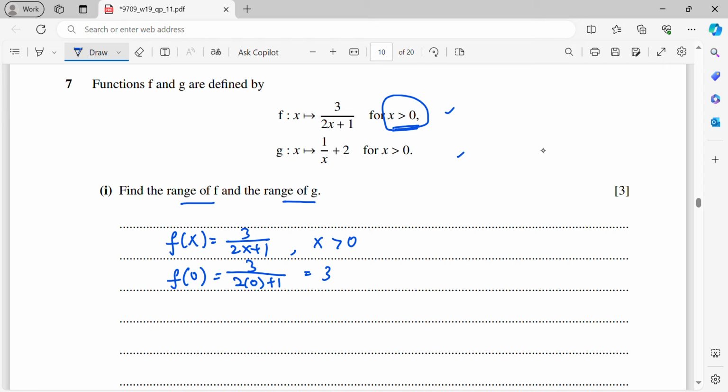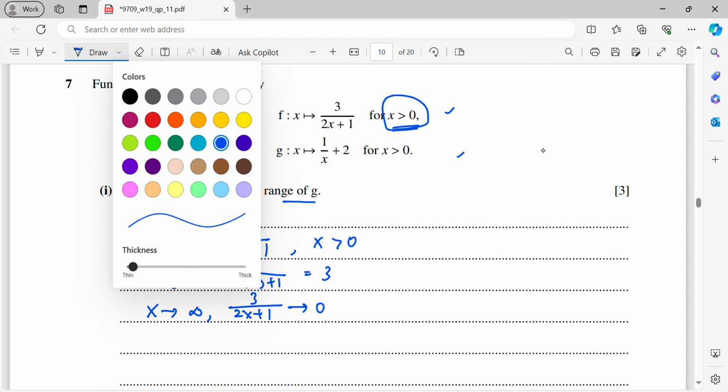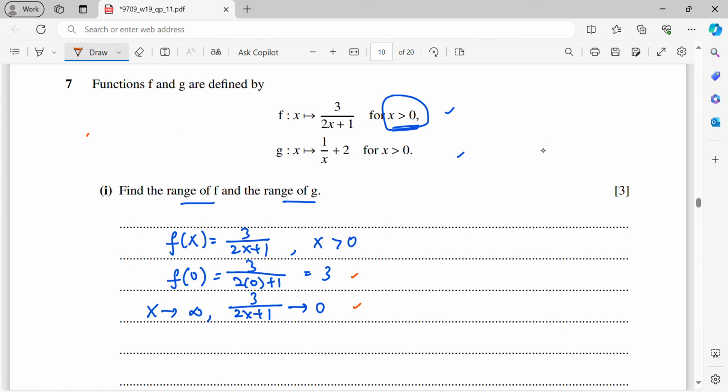Okay, since x is greater than 0, that means you need to consider what happens when it tends to infinity. So now, when x tends to infinity, the denominator becomes a huge number. So 3 over a huge number tends to 0. So I will say 3 over 2x plus 1 tends to 0. Okay, so I know that my f(x) will be between 3 and 0.